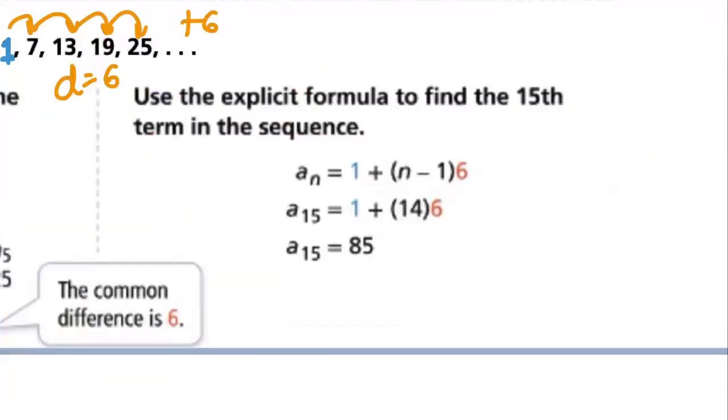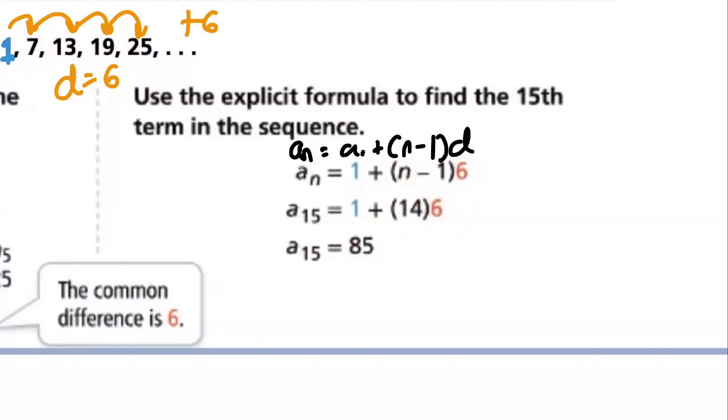And all I have to do is plug it into the formula: a_n equals a_1 plus (n minus 1) times d. d is 6 and a_1 is 1, and you just plug it in. You can leave it like this. I think for the online homework, you can leave it like this, but you can simplify it by doing distribution, which I'll teach you guys afterwards.